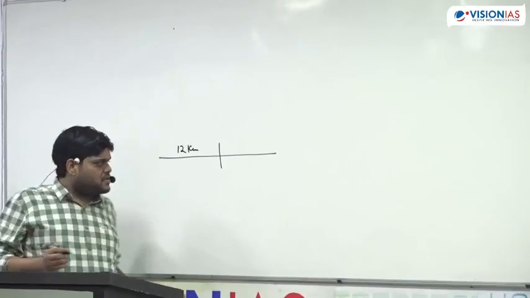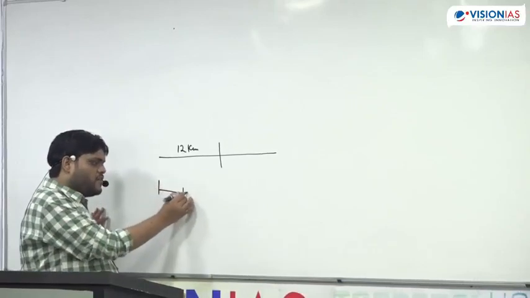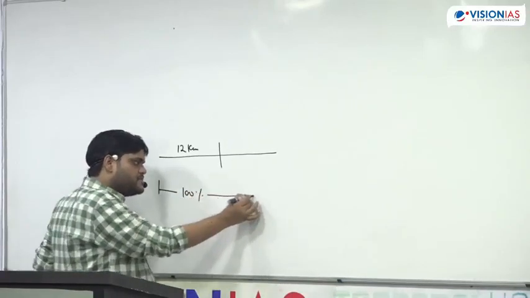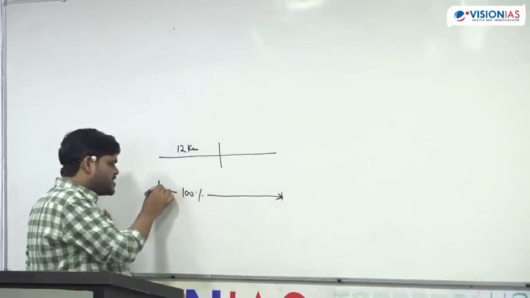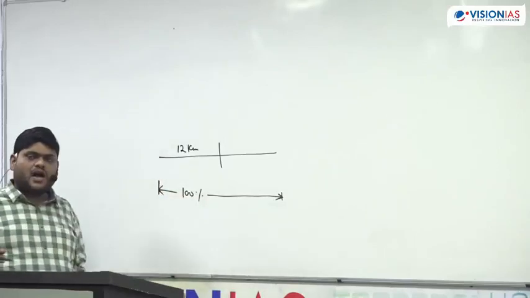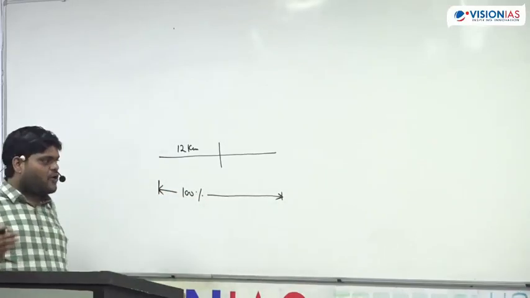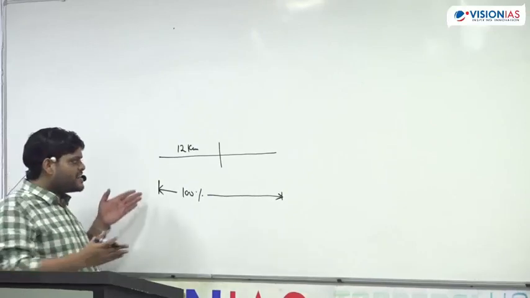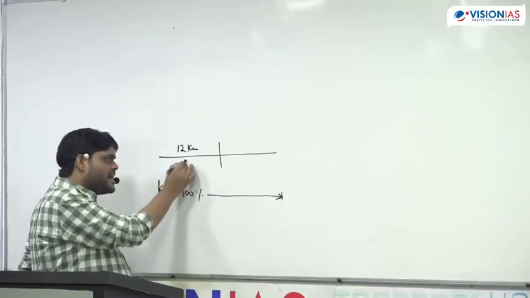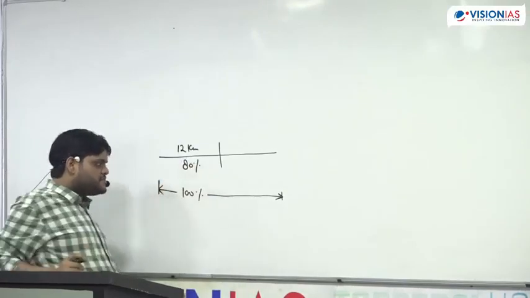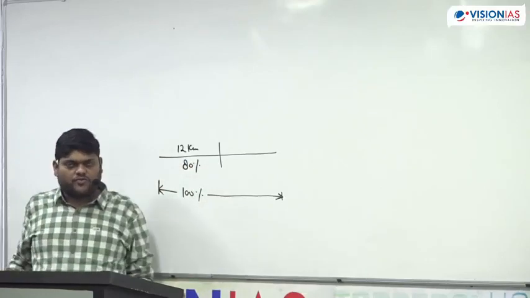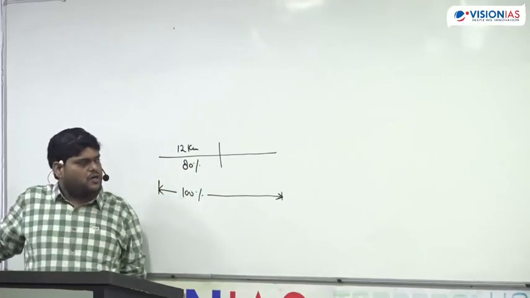That means, see, the total will always be equal to 100%. And he finds that out of this total, right now he has covered some 80% of distance. So what happened?